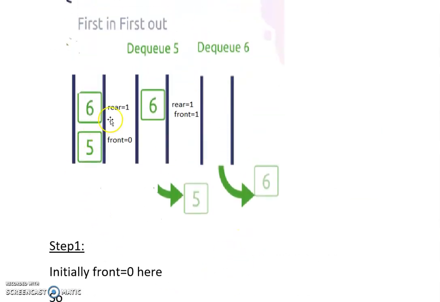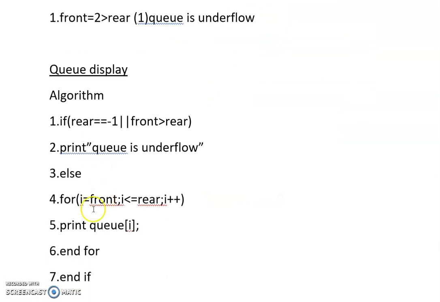I will tell you. Rear value is 1, front is 0. From front to rear we are displaying elements. That means queue first front, that means 5, then 6. So 5 6 is displayed. If no element is present, queue is underflow.